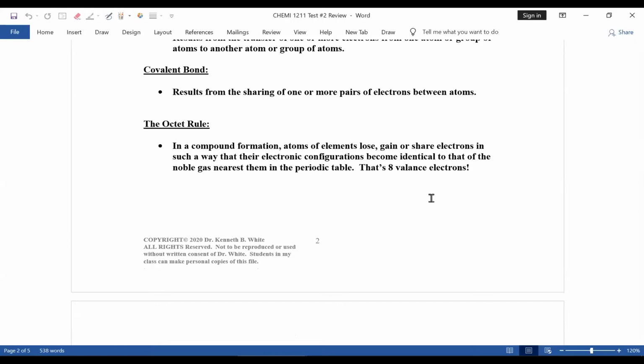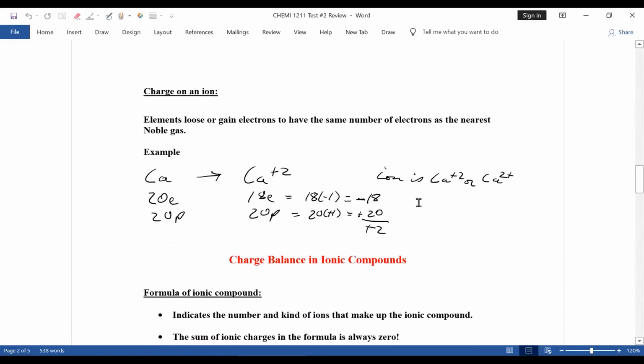What I mean by that is elements try to have the same number of valence electrons as the nearest noble gas, which is 8. Now, when we talk about ionic compounds, some elements form ions, and can lose or gain electrons to have the same number of electrons as the nearest noble gas.